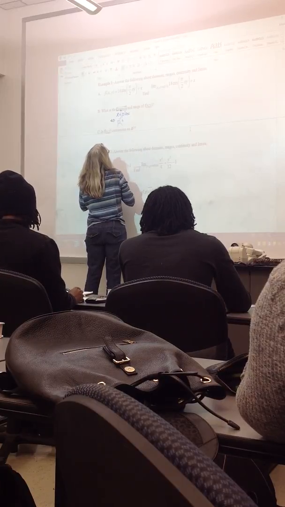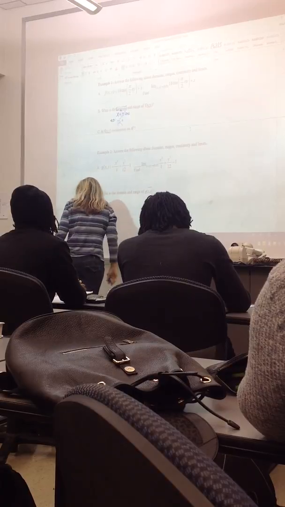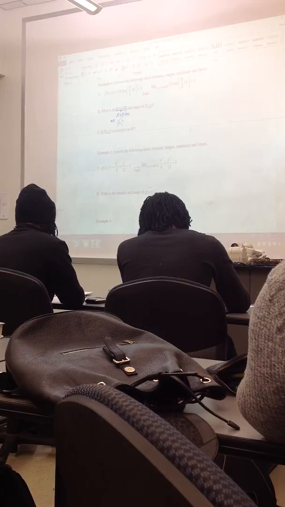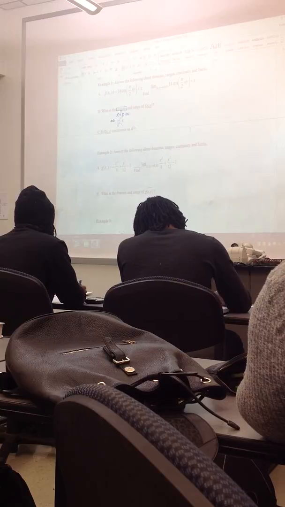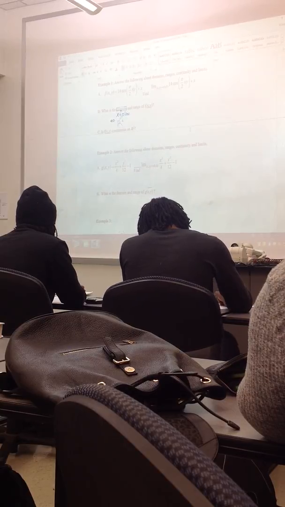The range, if we think about this function, cosine we know bounces up and down. 14 times cosine is going to bounce up and down between negative 14 and positive 14, but then what's the cosine added to?